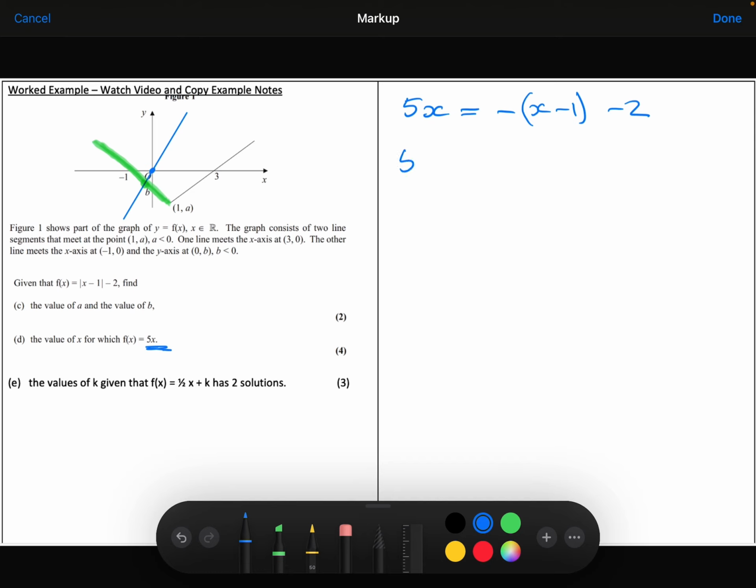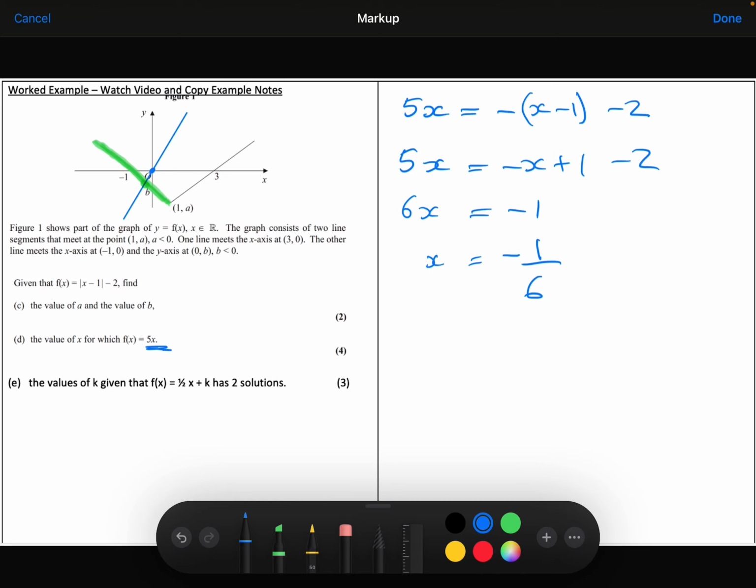I can now solve this equation to find that 6x is going to equal minus 1, so x is equal to minus 1/6. And that's the answer to part D.